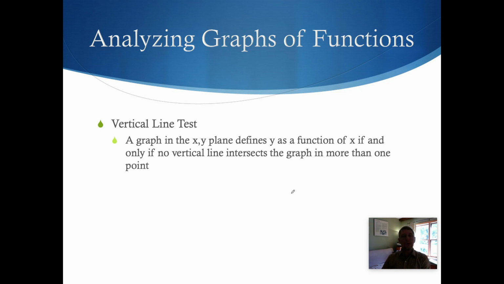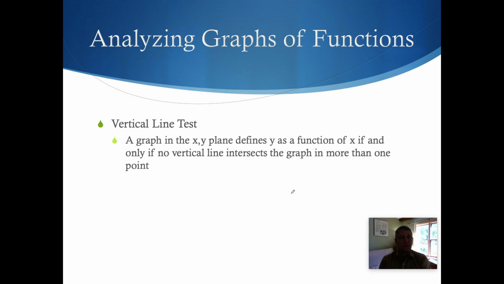If you draw a vertical line and it touches the graph not at all, then it might be a function. If it touches it only once, then it probably is a function. But if it can touch it more than once, in any scenario, at any position, then the relationship is not a function.